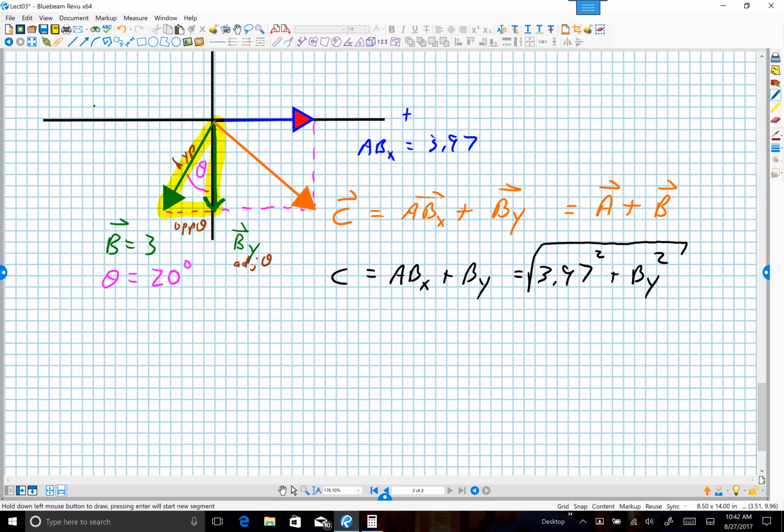So let me say, BY is the adjacent to theta, right? That was what we called it. So we're going to use the cosine of theta because that has the adjacent. So the cosine of 20 degrees equals BY over 3.